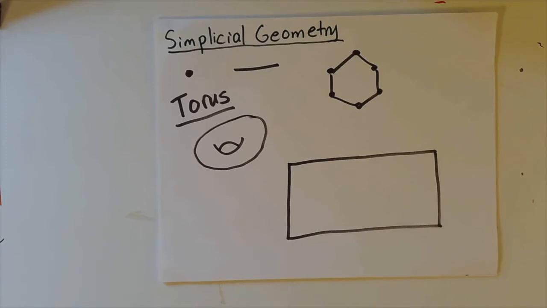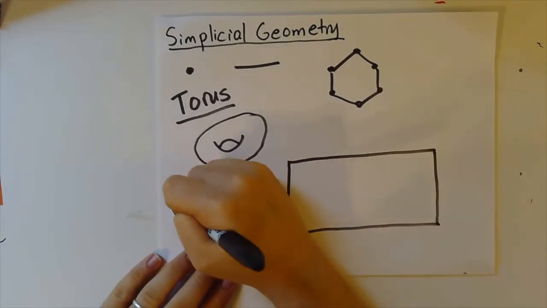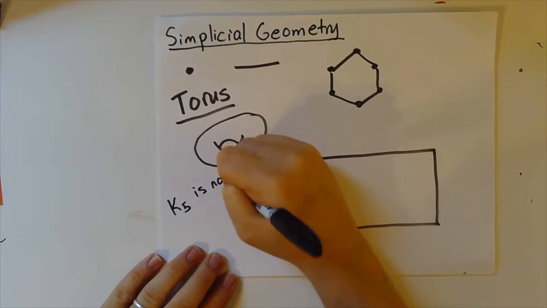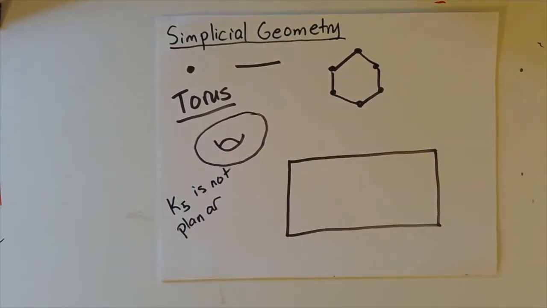Okay. So to start with, I want to think about the thing we talked about last time, which was that K5 is not planar. Okay, which is to say you cannot draw the graph K5 in the plane.